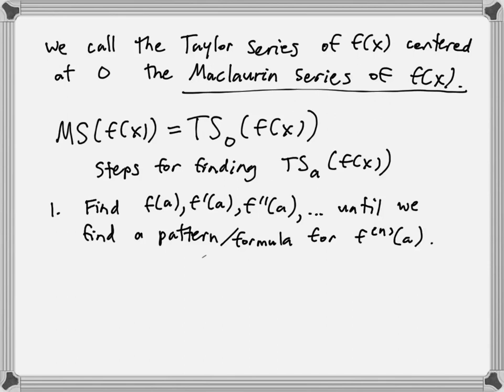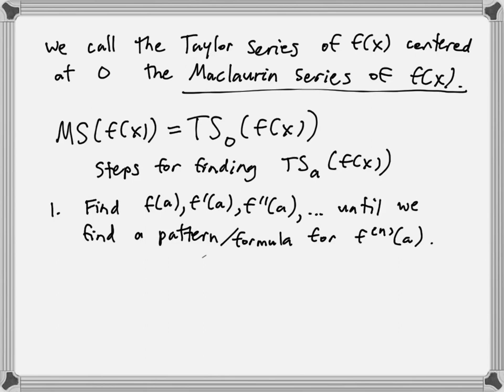Okay, usually, the problems that we give you to work out, there will be a pattern that is readily available. You're not going to have to think too hard to see that pattern, hopefully. Okay? And that's it, right?